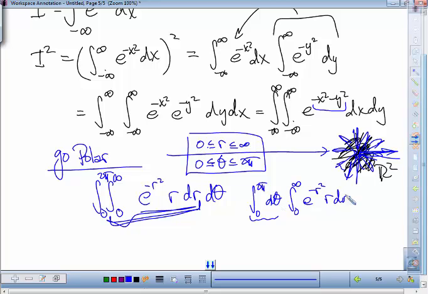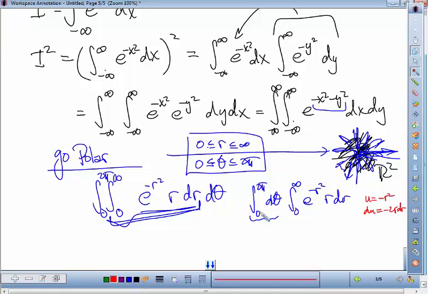And then this is whatever that is. So with the u substitution, and then, you know, the improper integral rules, let b go off to infinity and stuff like that.